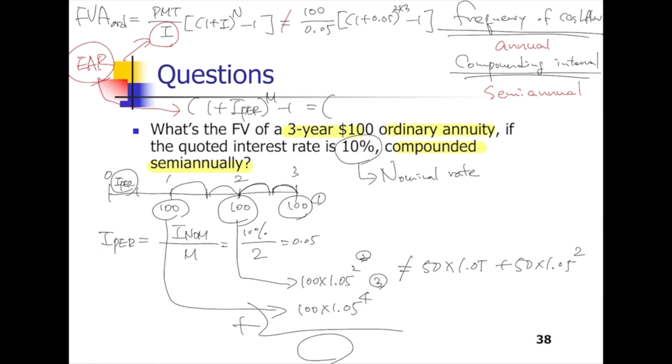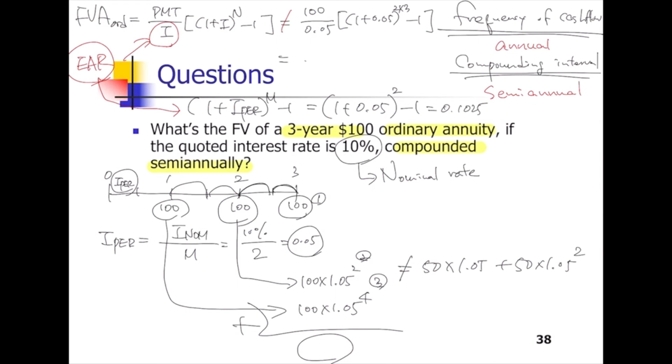We already calculated the period rate here, right? So I is 0.05. What is m? Yeah, we compound semi-annually, so power of 2 minus 1, and we get 0.1025.